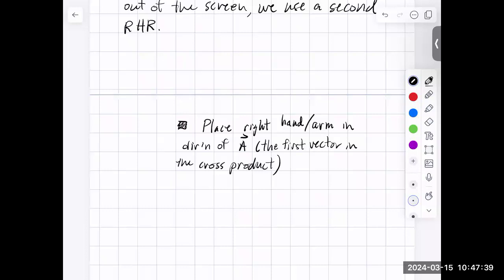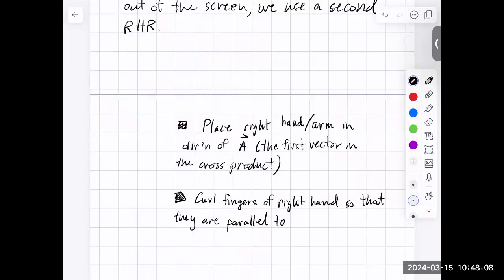Okay, so it matters the order of the vectors in the cross product. Okay, so the second step is to curl the fingers of the right hand so that they are parallel to B, which is the second vector in the cross product.